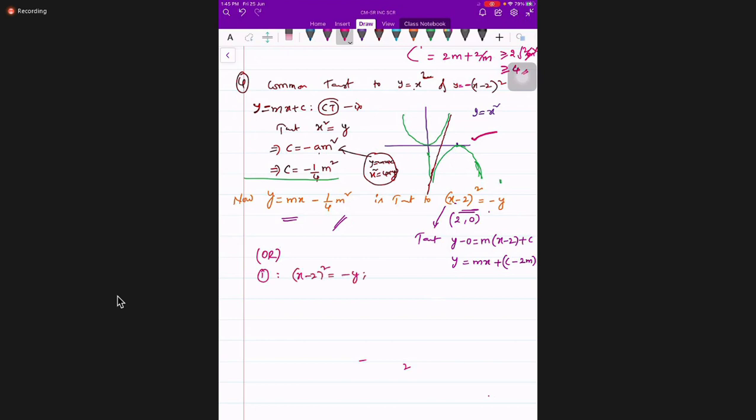What is the tangent to this parabola? y minus 0 equal to m into (x minus 2) plus c. Can I take it like this to avoid confusion? Reversely I'm doing. But here, what is the c, students? c equal to plus am square, right?